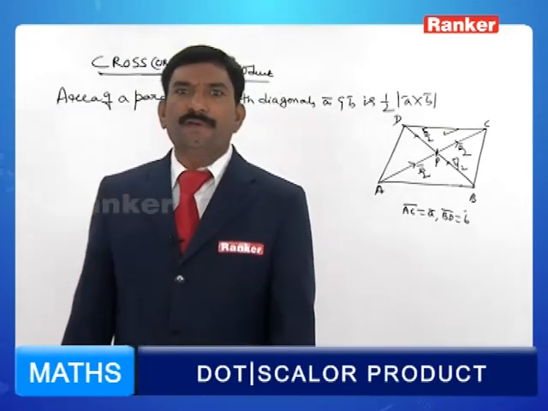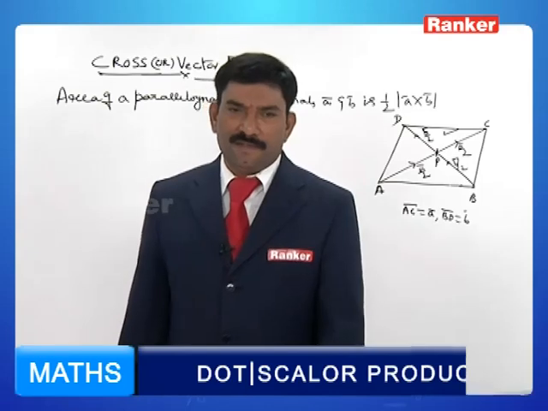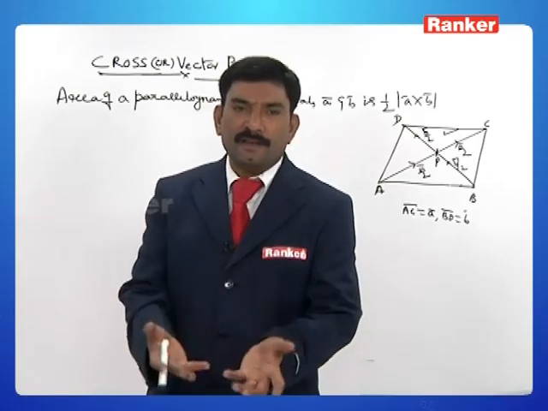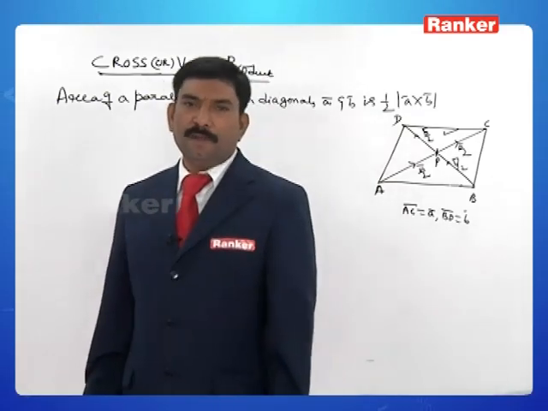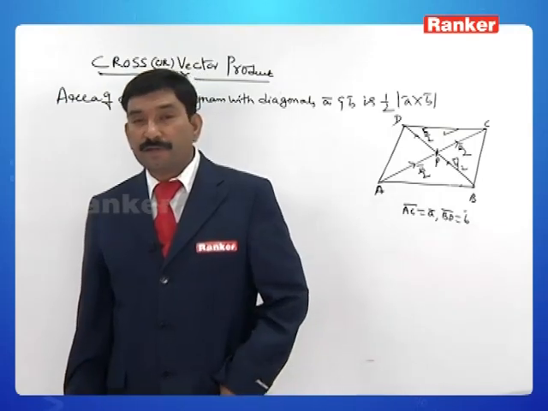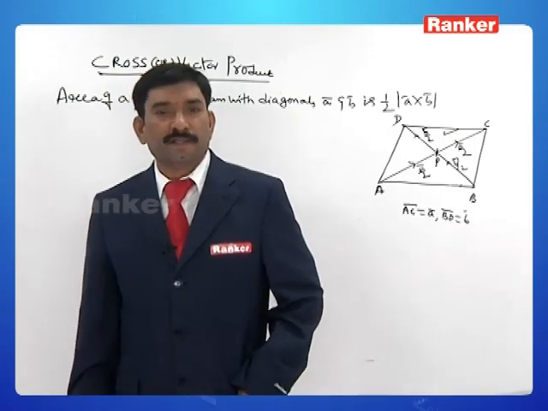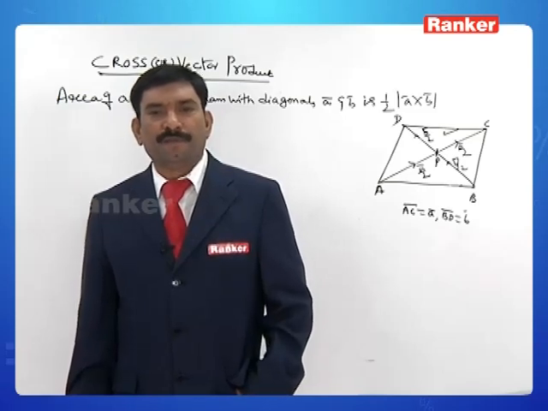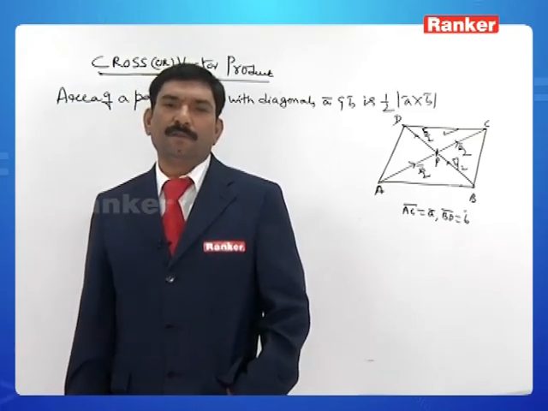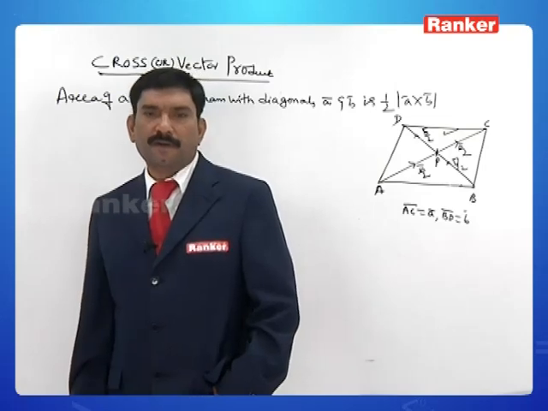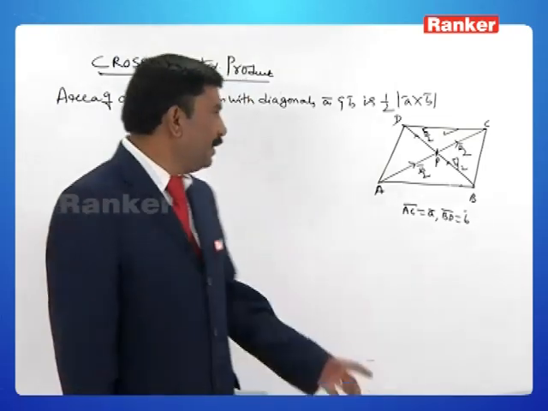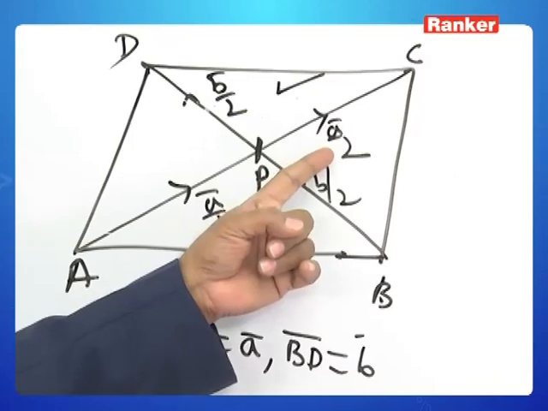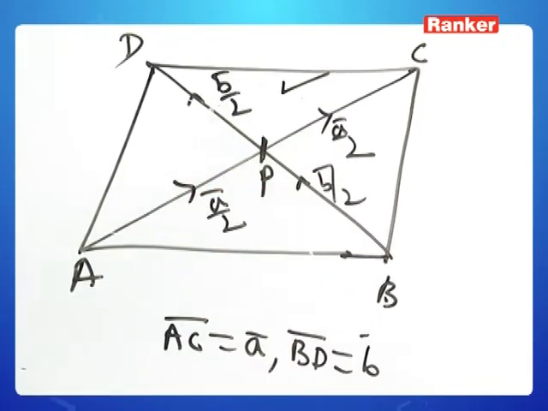We never focused on the dimensions, as we have proved in the earlier cases, as a geometrical interpretation of the cross product. With A bar and B bar as the sides, the area of the triangle is half into modulus of A bar cross B bar. Followed? So here also A bar by 2, B bar by 2 are the sides.